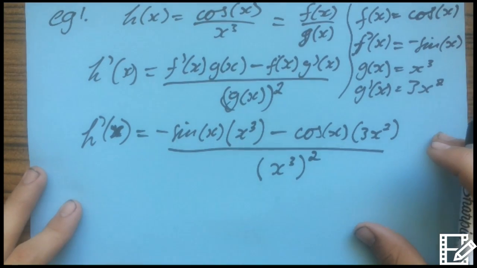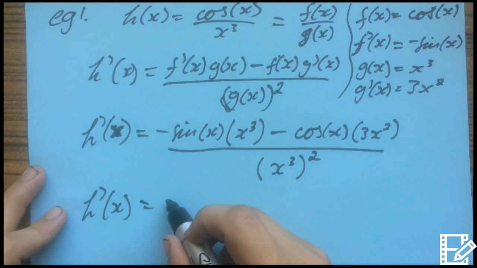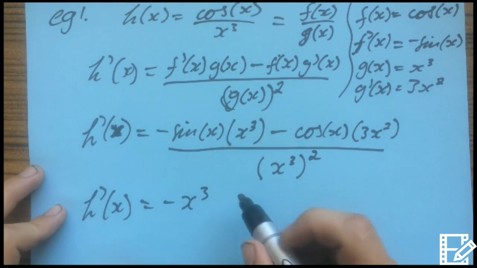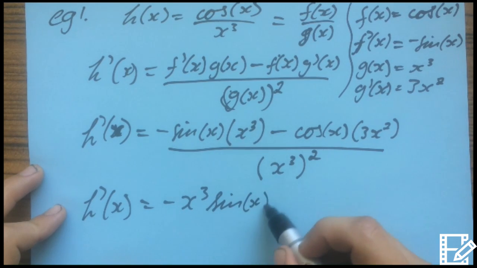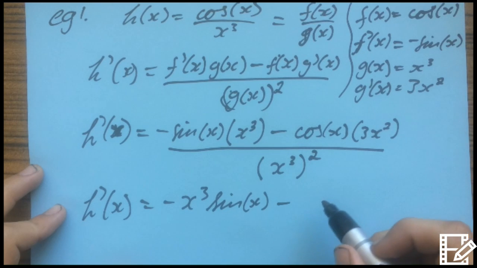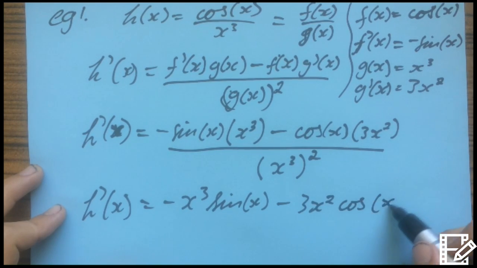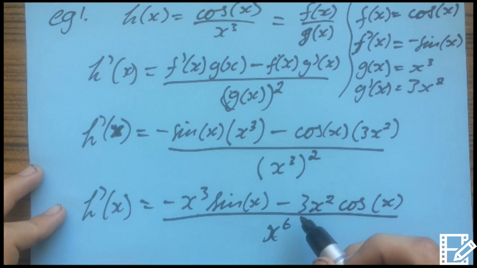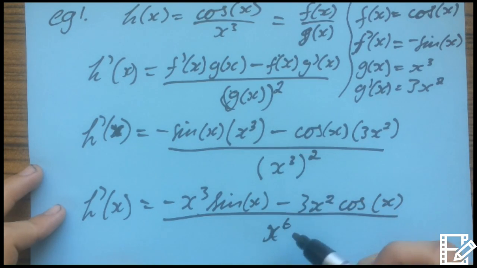So, to make it neater, bring the negative out the front, but then we bring the x squared out the front as well: negative x squared times x sine x minus 3 cosine x, all over x to the power of 6. Because x to the power of 3, when you square all that, you get x to the power of 6.